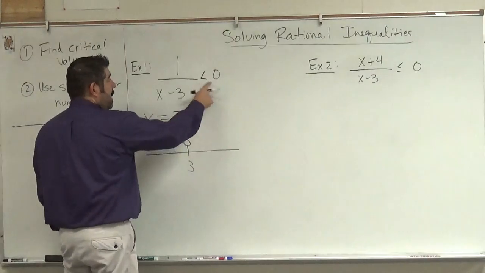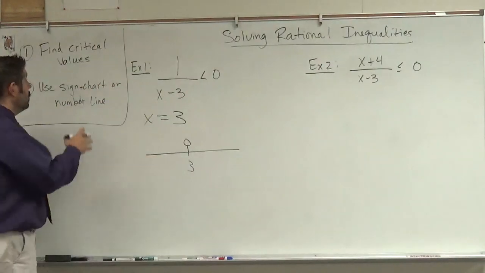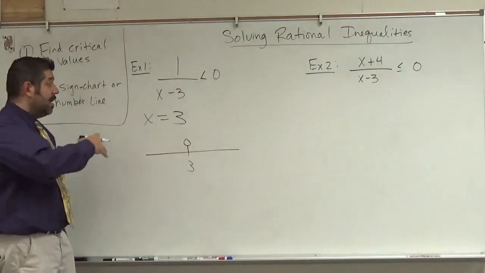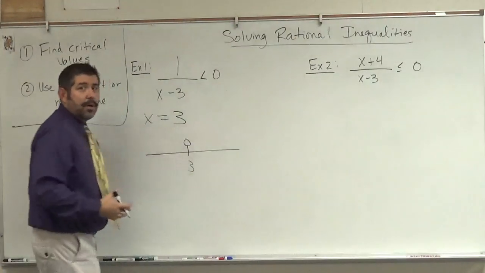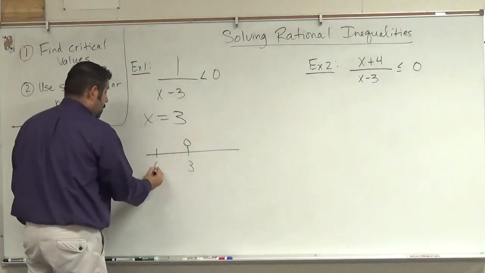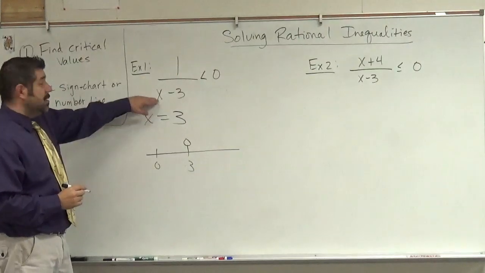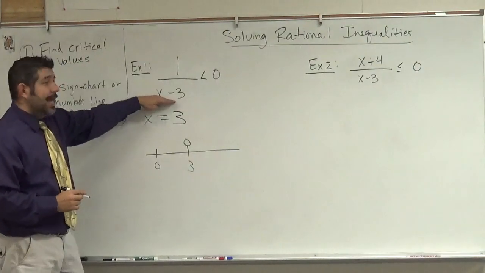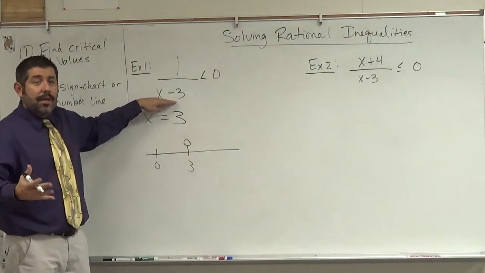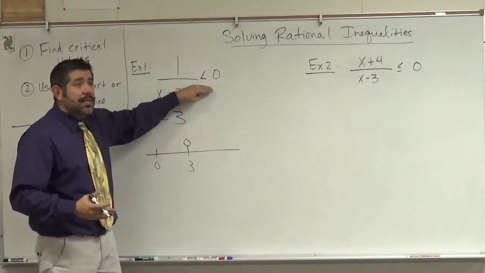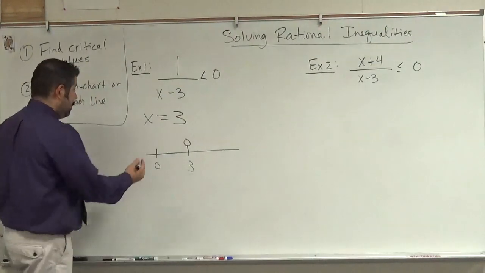So let's find the values that are less than 0. We're going to do the same thing we did with polynomials: check values on this side or that side of our critical values. Let's choose 0. When I plug 0 in, I get 1 over negative 3, which gives me a negative. And a negative number is, in fact, less than 0. So this is going to be negative.